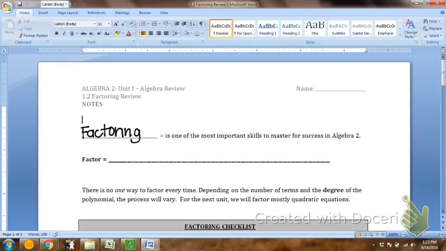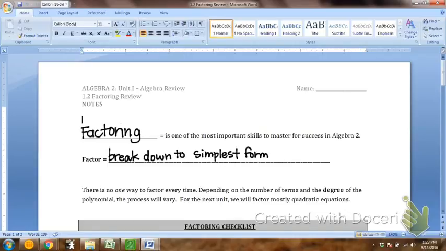That's exactly almost word for word. Excellent. Okay, so to factor is to break apart or break down to simplest form.